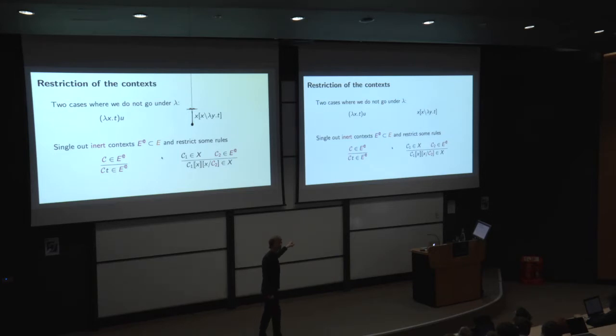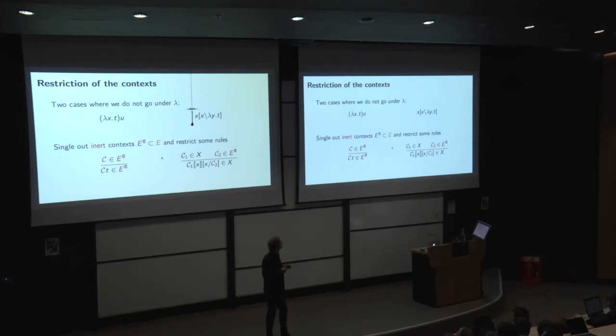So we should not go under the lambda if you want to be conservative. And that's the same with the substitutions, right? So our solution for this is to have another version of evaluation context, which is a strict subset of the general evaluation context.